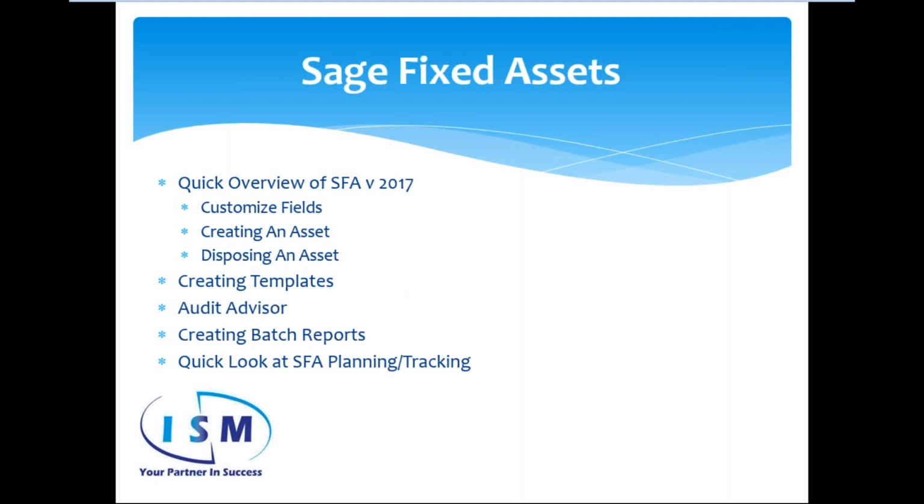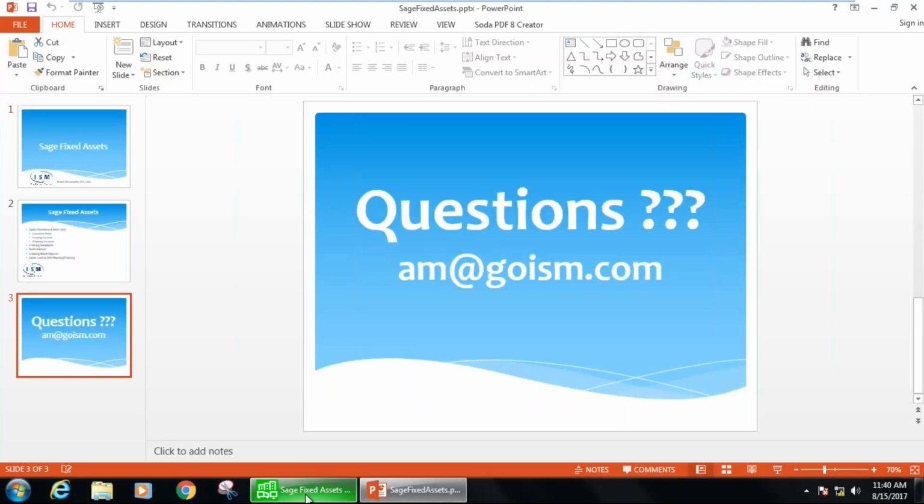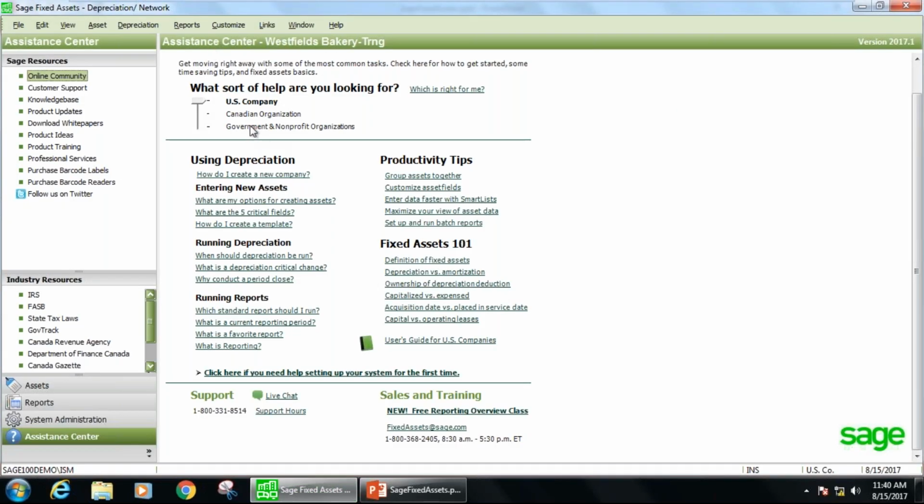It is a separate piece of software, so I'll give you a little bit of information on it, and then from there, if it's something that's of interest, there'll be a completely separate demo webinar for those pieces.